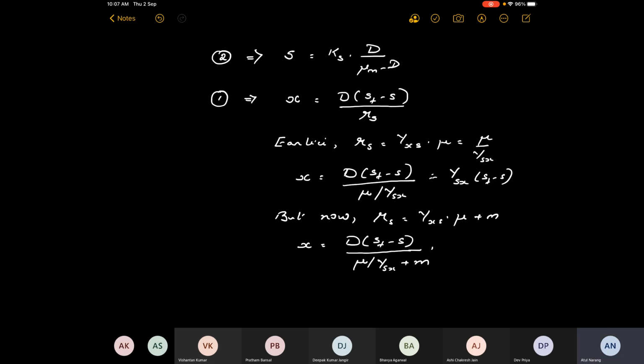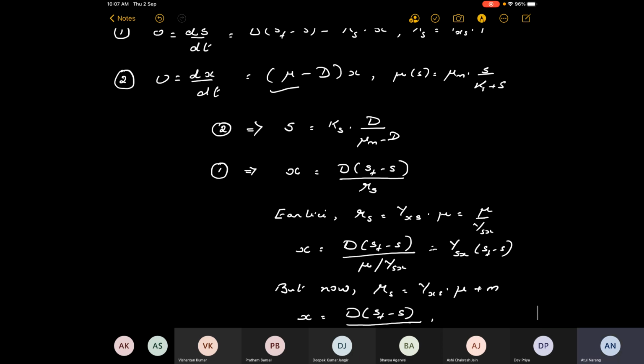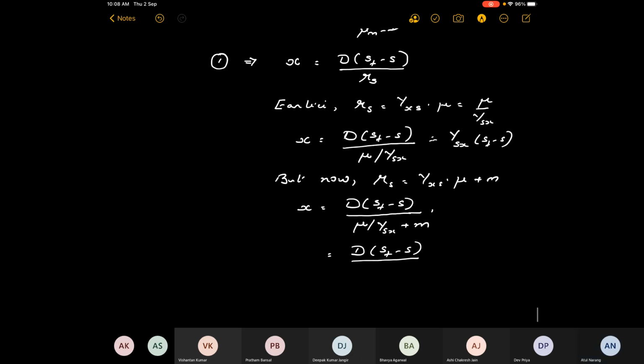And my mu is still equal to D, right? Equation 2 still tells me that mu has to be equal to D. So this is essentially equal to D times (SF minus S) divided by (D divided by Y_XS plus M). That's the expression we have.